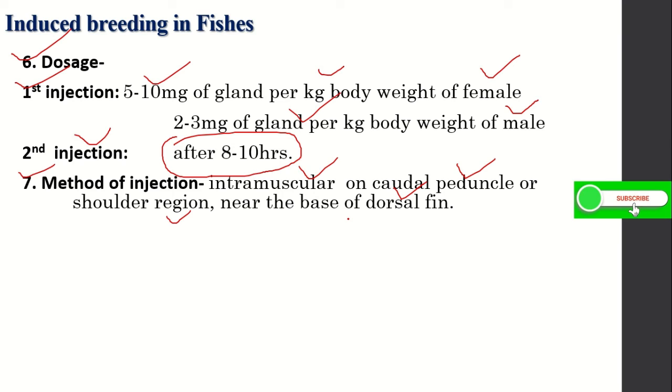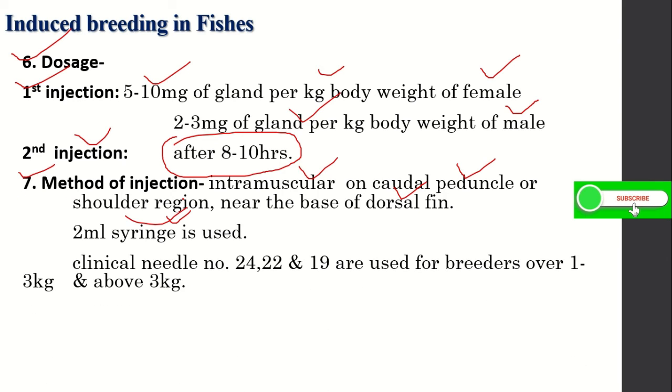The needles used for this injection are needle number 24, number 22, and number 19, for breeders of 1 to 3 kg and above 3 kg.